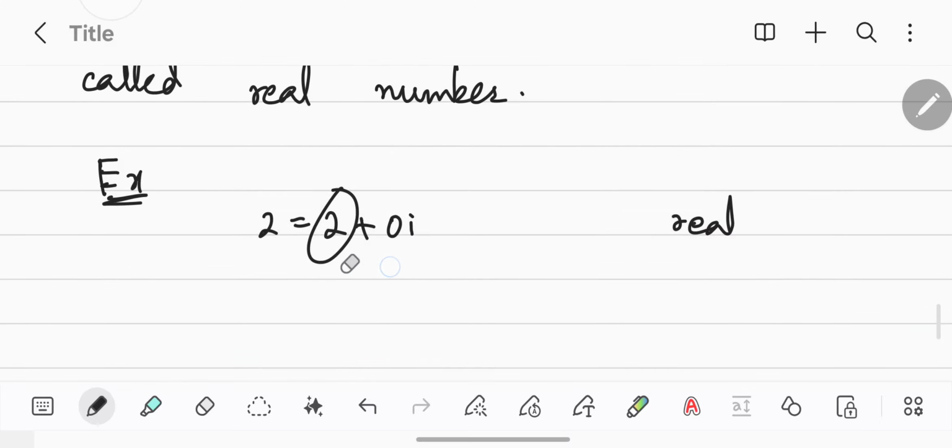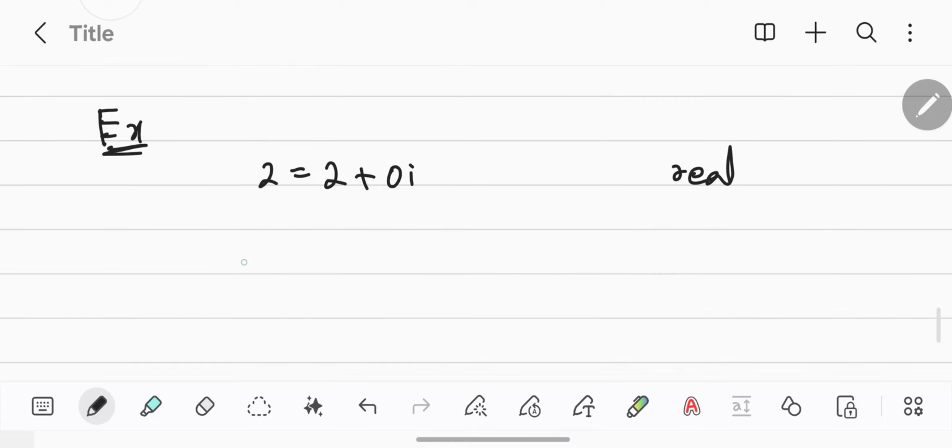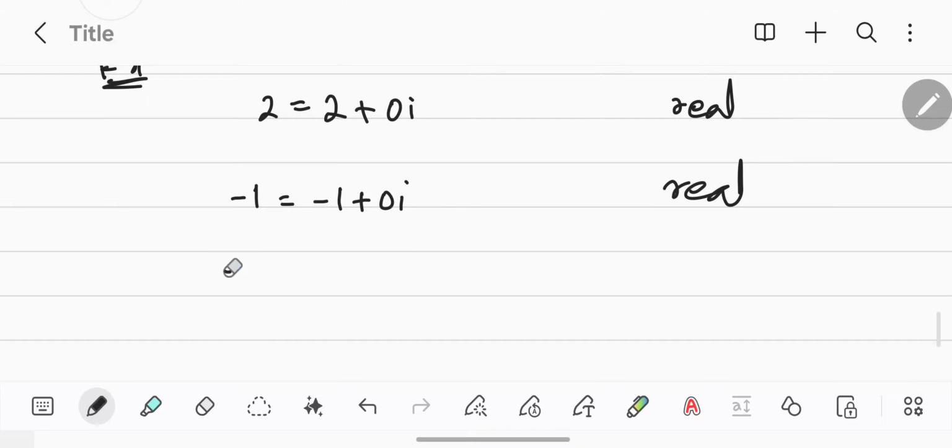So by this definition, it is also real. Okay, if I write minus 1, it is again minus 1 plus 0 iota. It is also a real number. You know minus 1 is a real number? Okay, 5 by 2. It is also real because I can write 5 by 2 plus 0 iota.